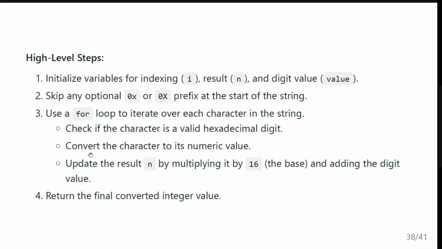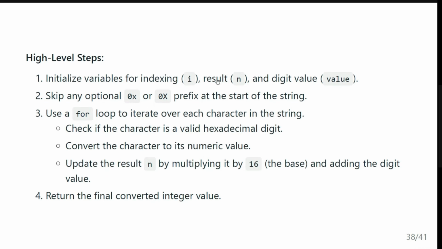All right, then this is important. Update your result n by multiplying n by 16 plus the numerical value you got before. So this is the formula you should use for the conversion.